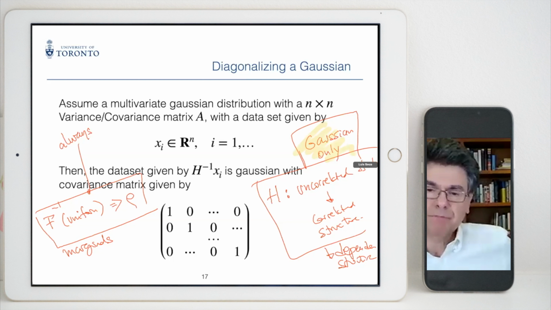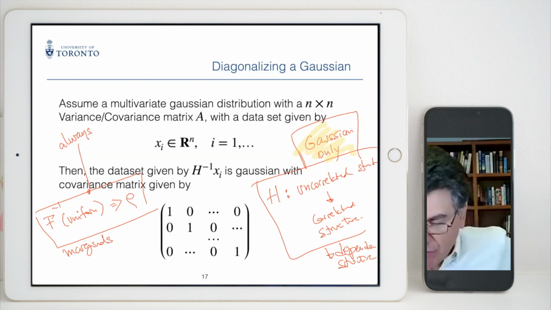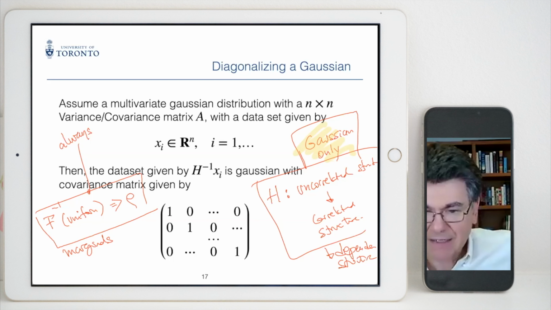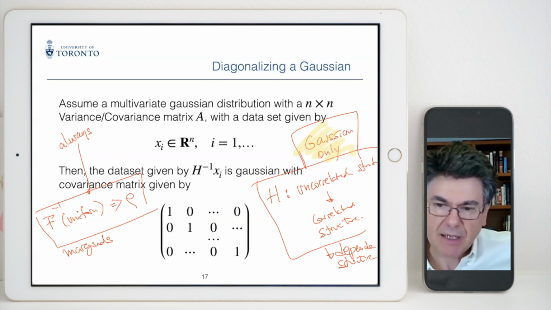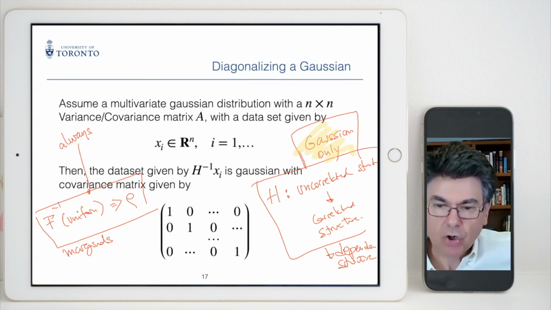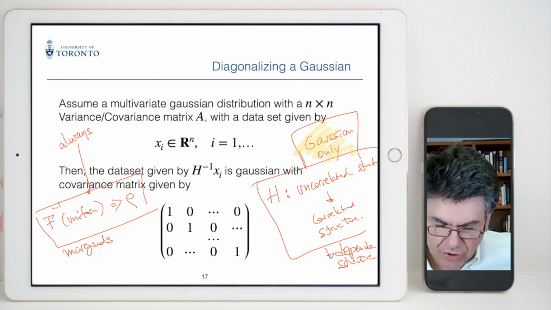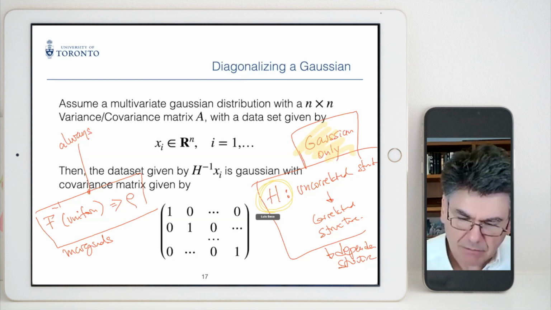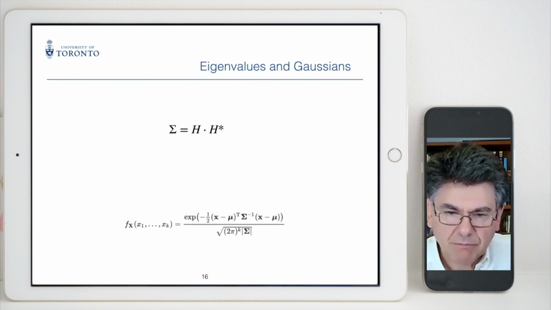Because as we will see next week, the dependent structure for non-Gaussian is very difficult, but for Gaussians it is very easy. And we have a very simple mapping done by the Cholesky decomposition that will take an independent uncorrelated Gaussian distribution into a correlated Gaussian distribution with the right correlation structure, the one that is given to us by H as the Cholesky decomposition of my matrix sigma.